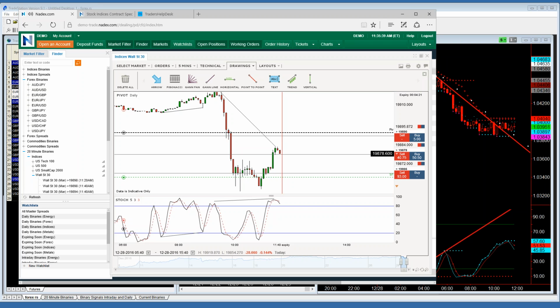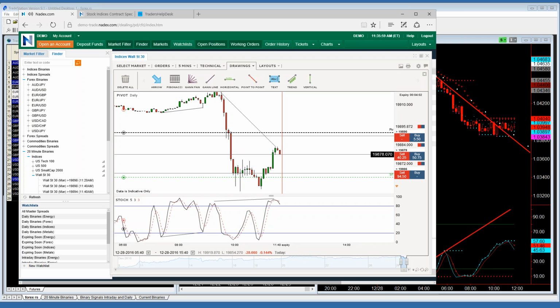So anytime you spot divergence, a change is coming. Yeah, because you're either going to have the trend change directions, Dave, or you're going to have a continuation trade.